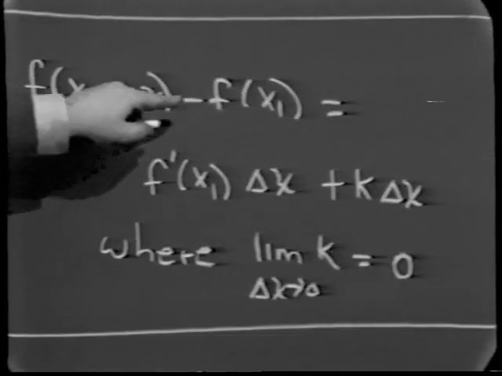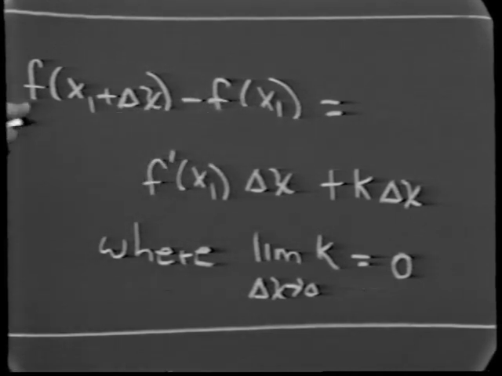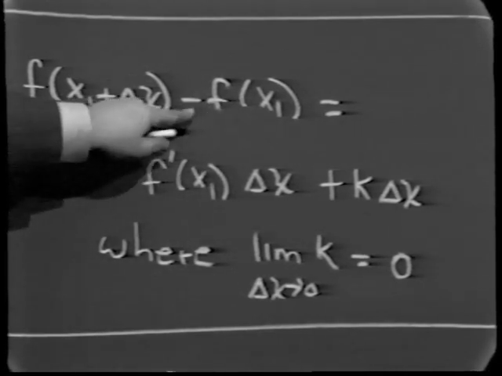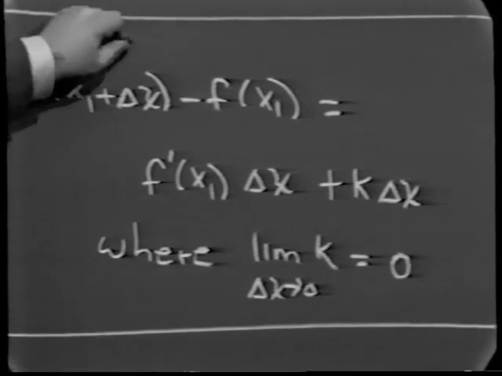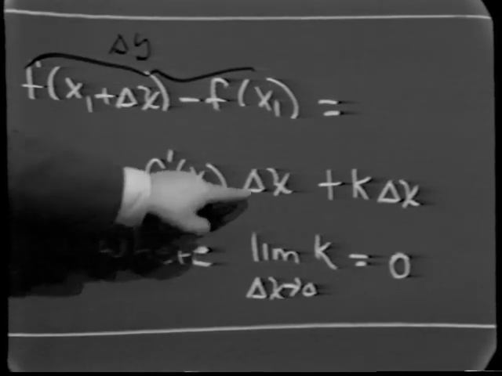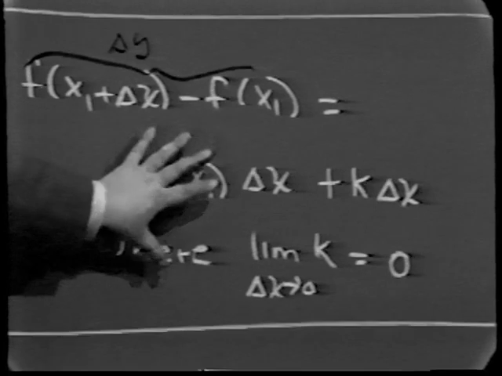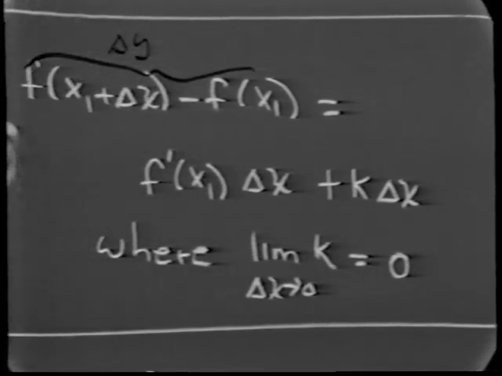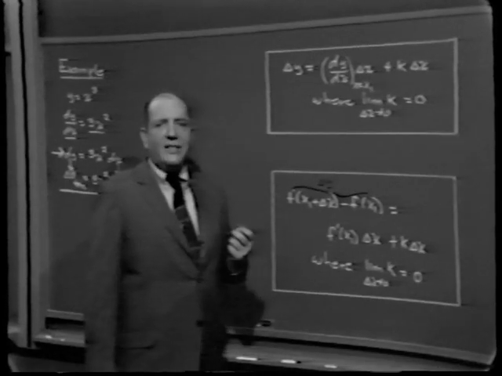If f is a function of x and is differentiable when x equals x1, then f of x1 plus delta x minus f of x1, which geometrically corresponds to your delta y, is f prime of x1 times delta x plus k delta x, where the limit of k as delta x approaches 0 is 0.